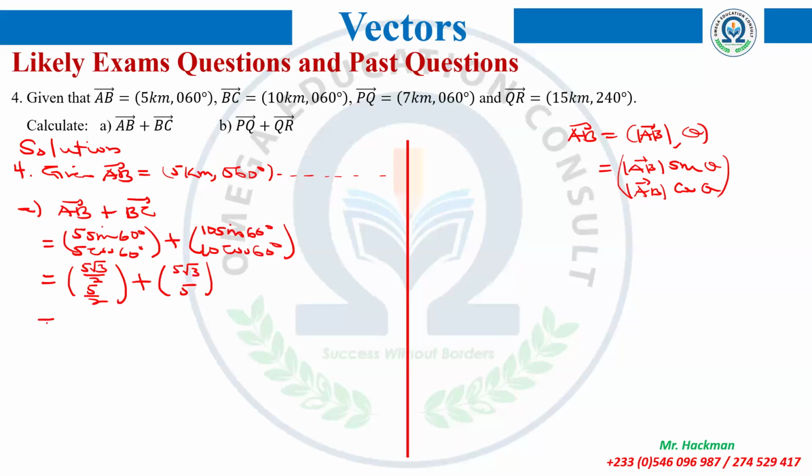So in effect, this is what we are going to get as the sum. I'm going to write the sum this way. We are going to get 5 root 3 over 2 plus 5 root 3. Then this one will give you 5 over 2, that's your y component, plus 5. Is that clear?